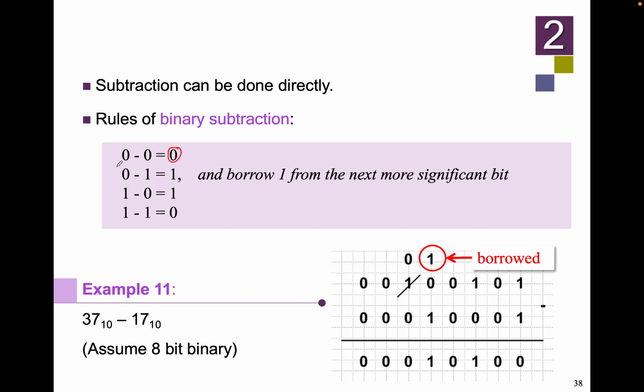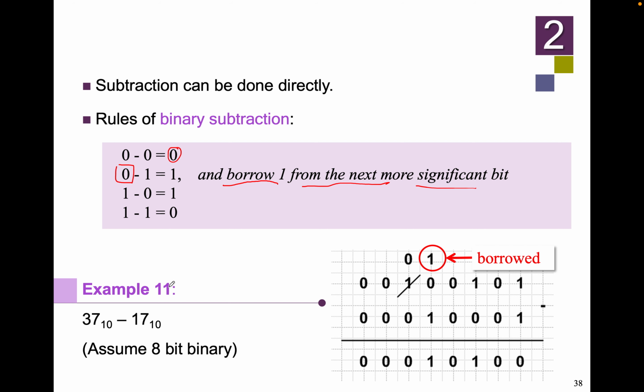But if you subtract a higher value from a lower value, what you need to do is borrow 1 from the next most significant bit. This is normal mathematics.